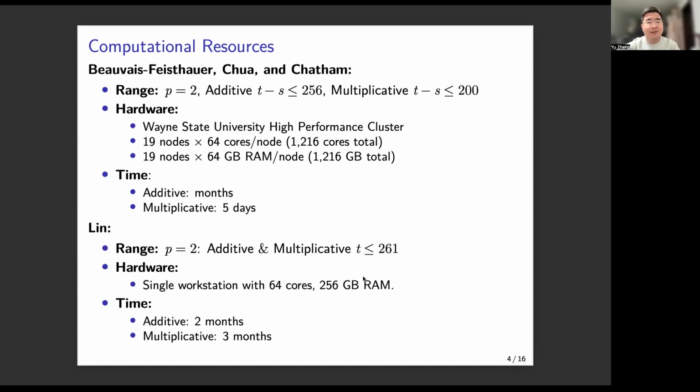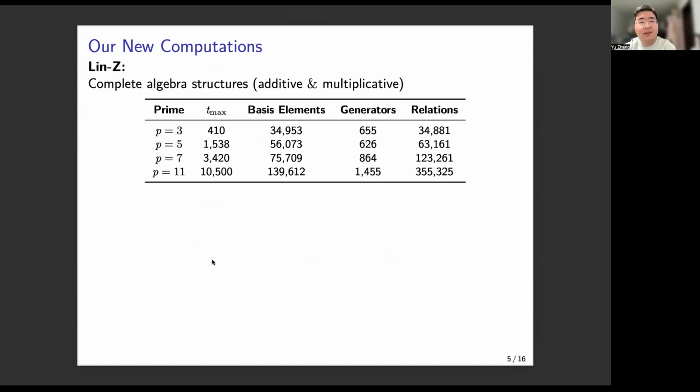So based on the success of Lin's program for p equals 2, we started our collaboration to compute for odd primes. So this is what we have obtained so far. We have computed the complete algebra structures. That means we have both additive and multiplicative for the following primes in the following ranges.